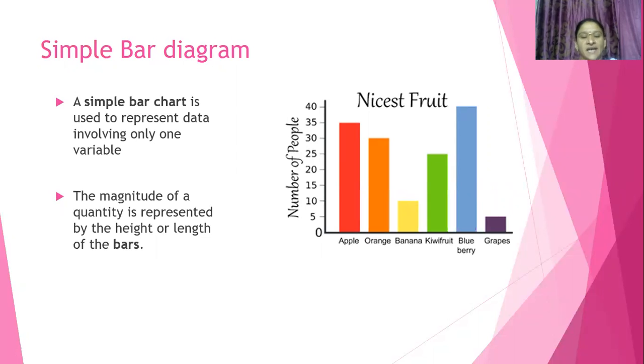If we take an example here, this simple bar diagram is showing us the data of which is the nicest fruit. The magnitude of grapes is very less, whereas the magnitude of blueberry is high. By seeing this diagram, we can easily understand that.